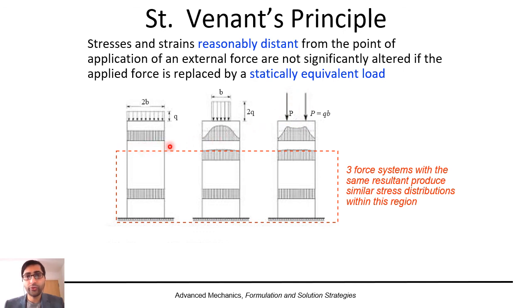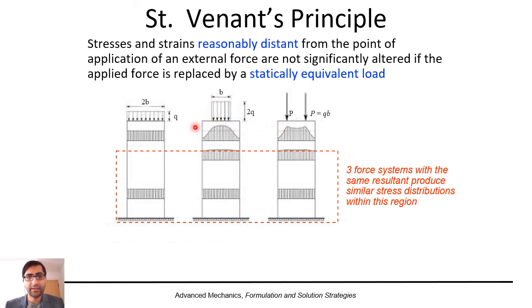Close to the point of exertion of the load, you see that the stress distribution is very different. Here we have 2 peaks. Here we have a peak. And here we have a constant stress distribution. But reasonably distant from the point of application of the load, the stress distribution is uniform, as if the loads are equivalent.